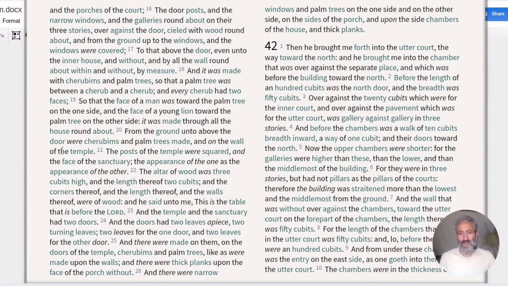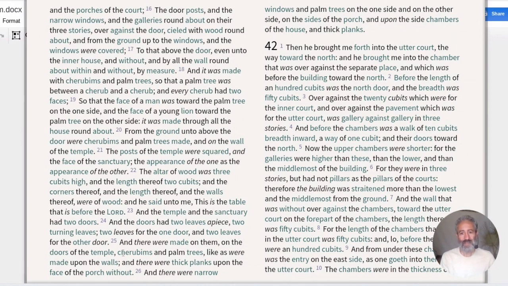All right, and the doors, it talks about the doors in verse 24. The doors had 2 leaves, and the 2 leaves for one door and the 2 leaves for the other door, and on them, the doors, were made of the temple cherubims and palm trees. Okay, so we get the same feature of cherubims and palm trees on the doors themselves, like as were made upon the walls.